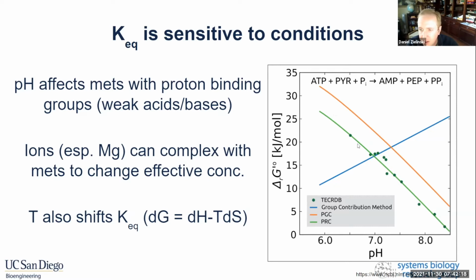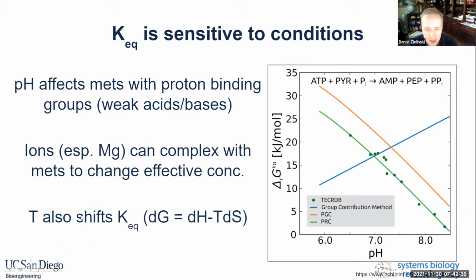And so the reaction favorability, inherent favorability, goes down at higher pH and is more favorable at low pH. The reverse: this is the Gibbs energy, so it's more favorable at high pH and less favorable at low pH. So lower energy is easier to run in the forward direction.